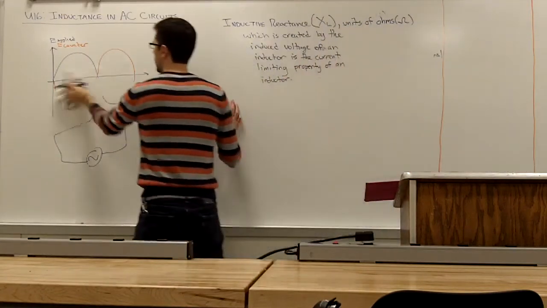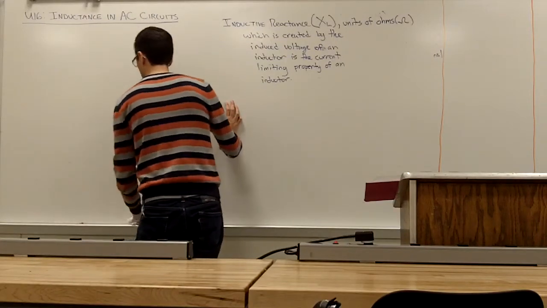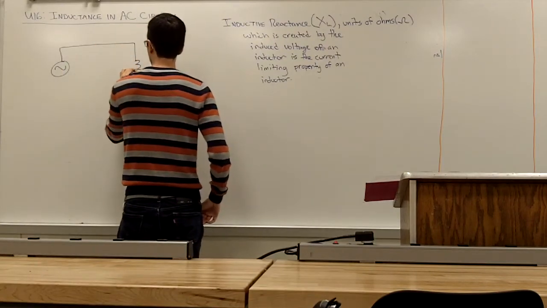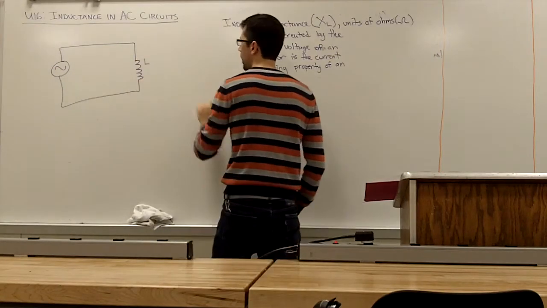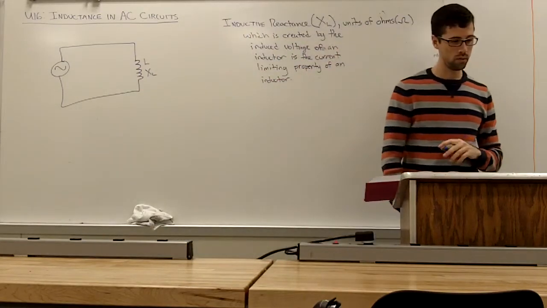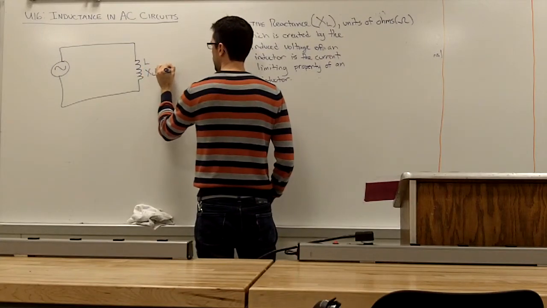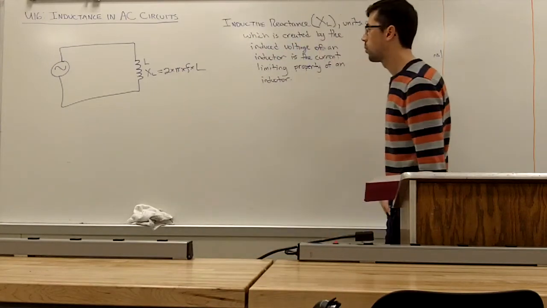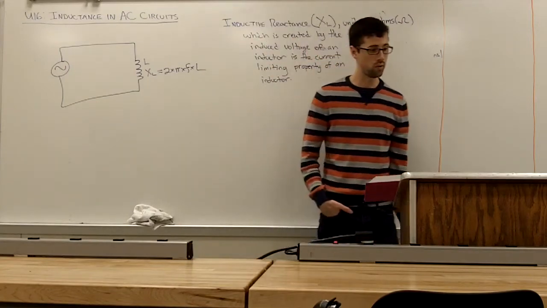In a circuit with an inductor, so we have an inductor with some value L in henries, it's also going to have an appropriate value of inductive reactance. This is found through the formula 2 times pi times F times L, where F, remember, was your frequency in hertz, and L is the inductance in henries.